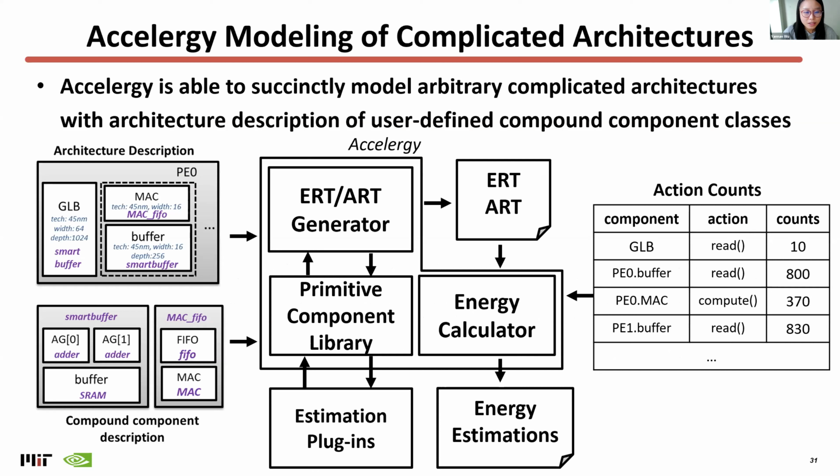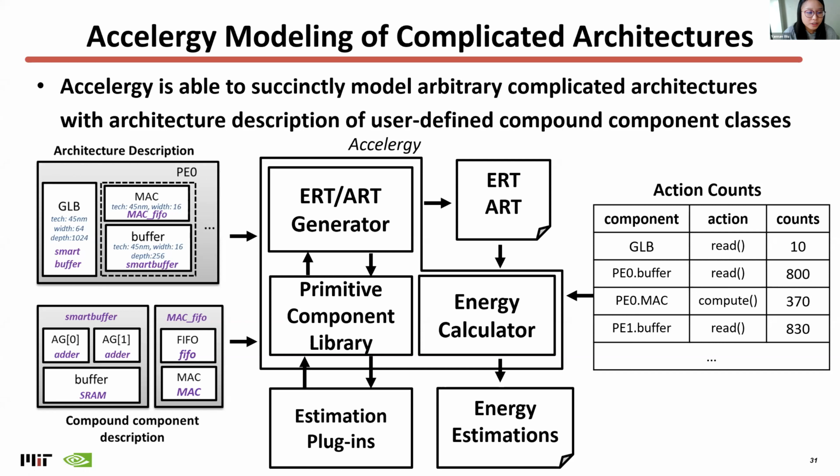But inside the architecture description, you could have user-defined compound component classes. There are a lot of details described in the background lectures, but here let's just look at it from a very high level. If you look at the architecture description, we still have the same structure where we have a global buffer, a MAC unit, and a local buffer inside the PE.